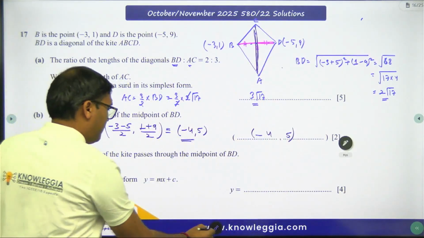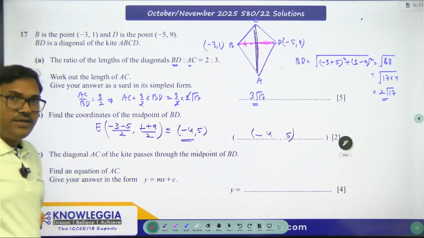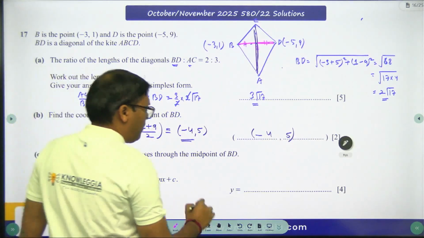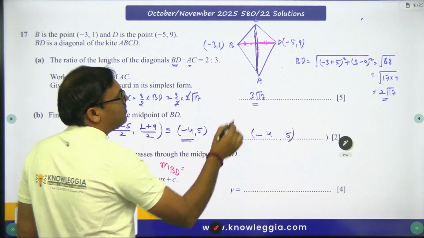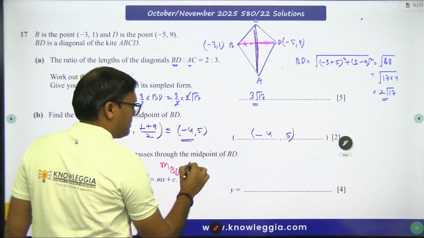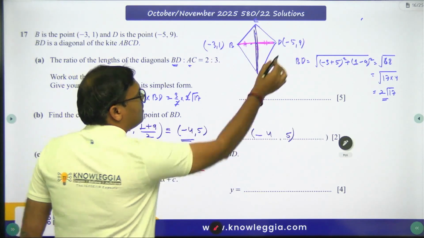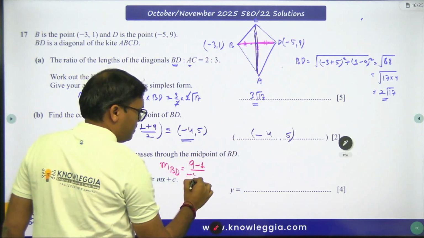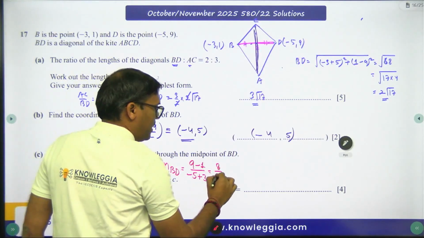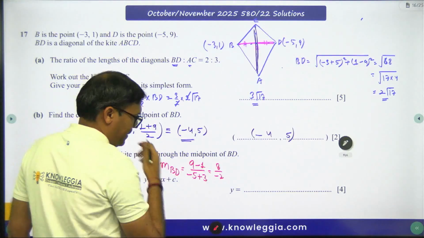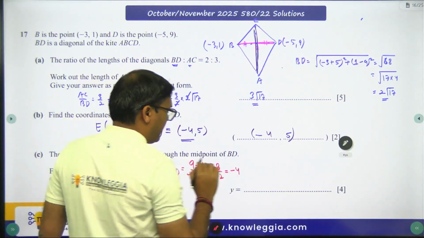Now how will you get the equation? For the equation you need the gradient, and we know the gradient of BD. The gradient of BD is equal to y2 minus y1, that is 9 minus 1, upon minus 5 minus of minus 3, which is 8 divided by minus 2, which is equal to negative 4.